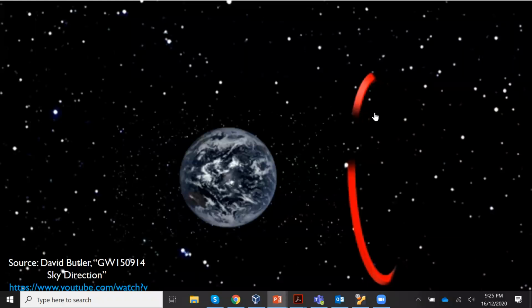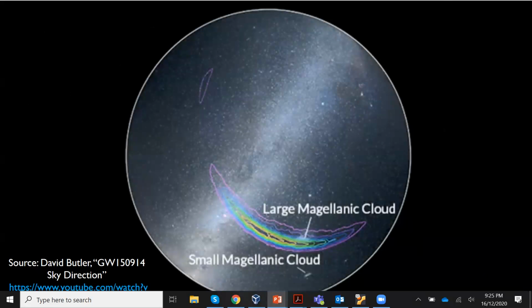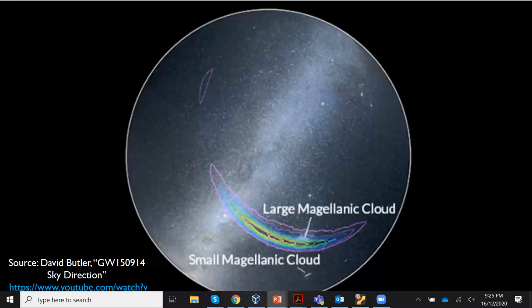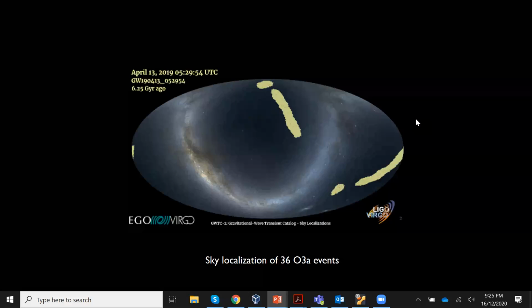So to repeat, the important information that we need for localization is the arrival time delays of the signals in different detectors and the amplitudes and the phases. This method is called triangulation, and using this method, LIGO and Virgo are able to localize all the gravitational wave events.